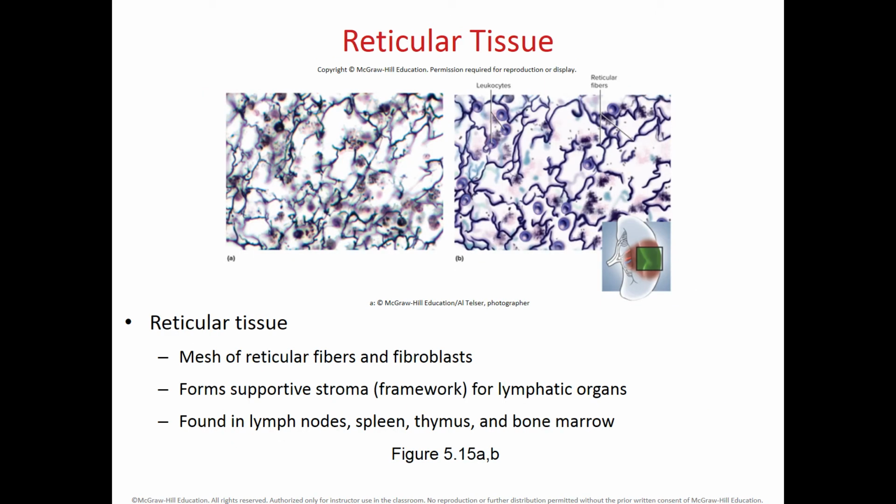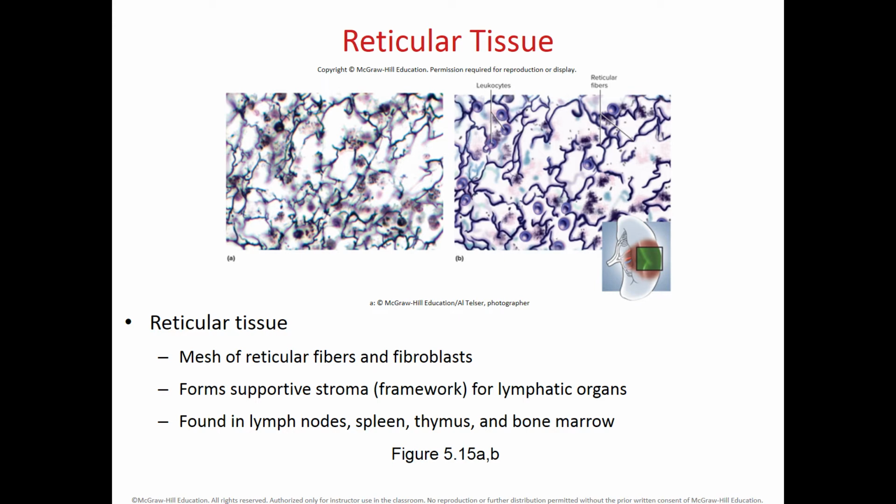Now the reticular tissue has these fibers that look like a mesh, and in this case we have it in the spleen, so this is a magnification of the tissue of the spleen. And then within this reticular tissue we have these fibroblasts that form these reticular fibers, and they form a framework that we call the stroma of lymphatic organs, including the spleen.